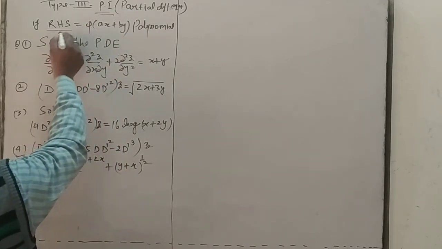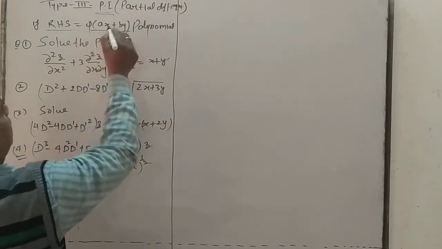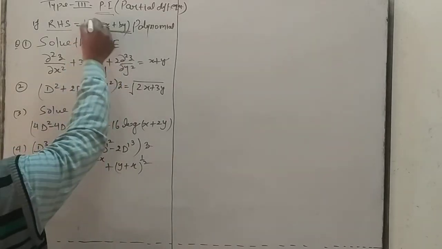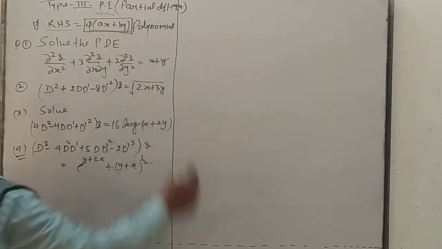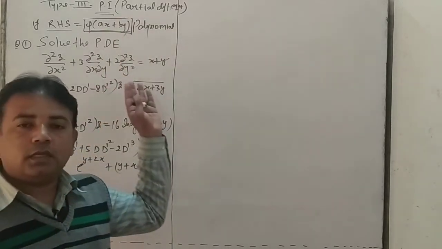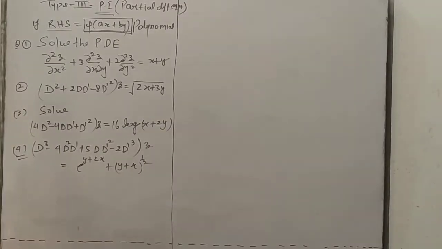If the RHS of the partial differential equation is in the form of phi of ax plus by, a polynomial, then we apply this method to find the PI.